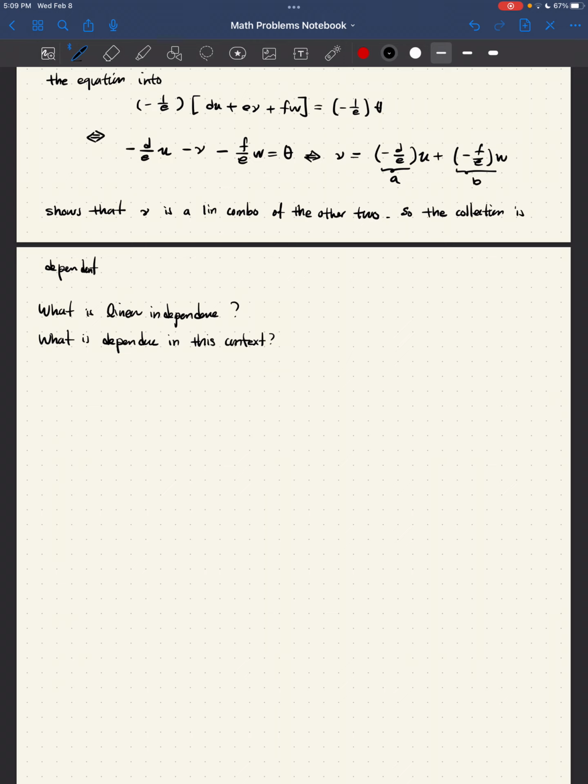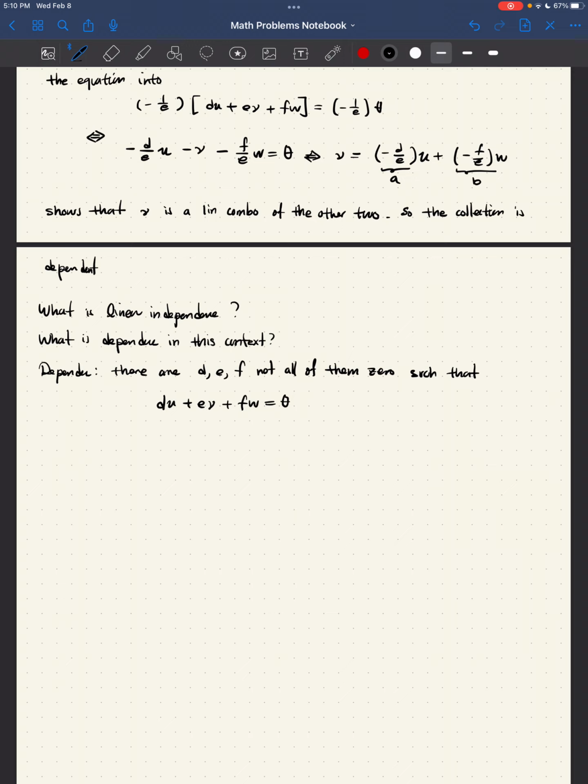Dependent means there are D, E, F, not all of them 0, such that du plus ev plus fw is the 0 vector.